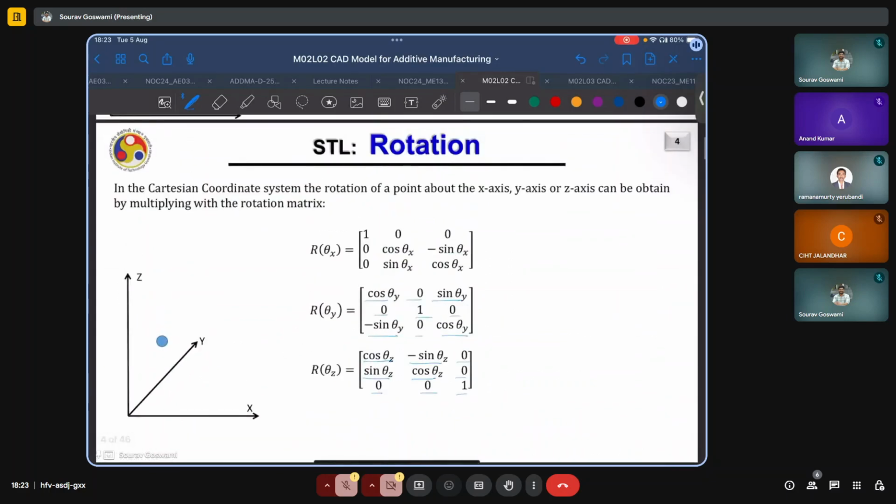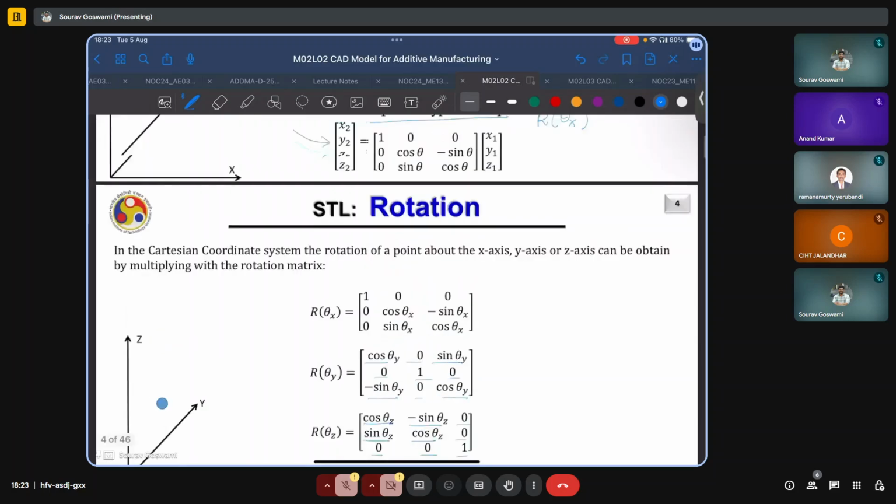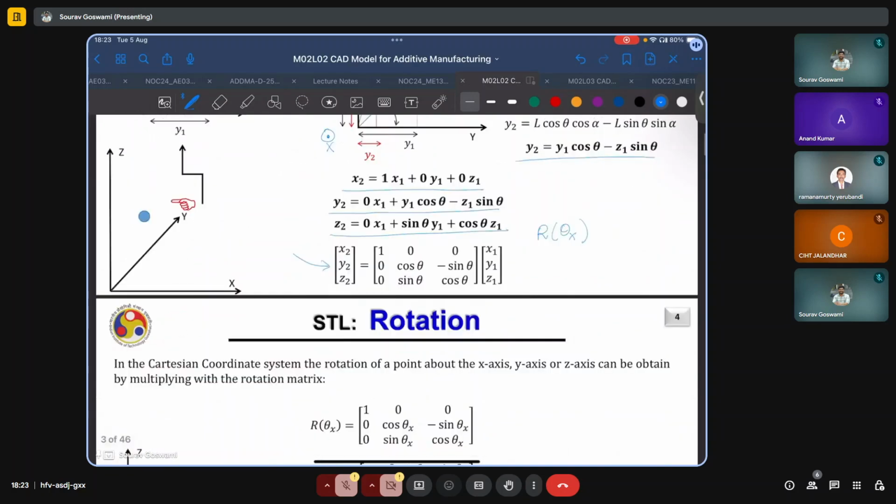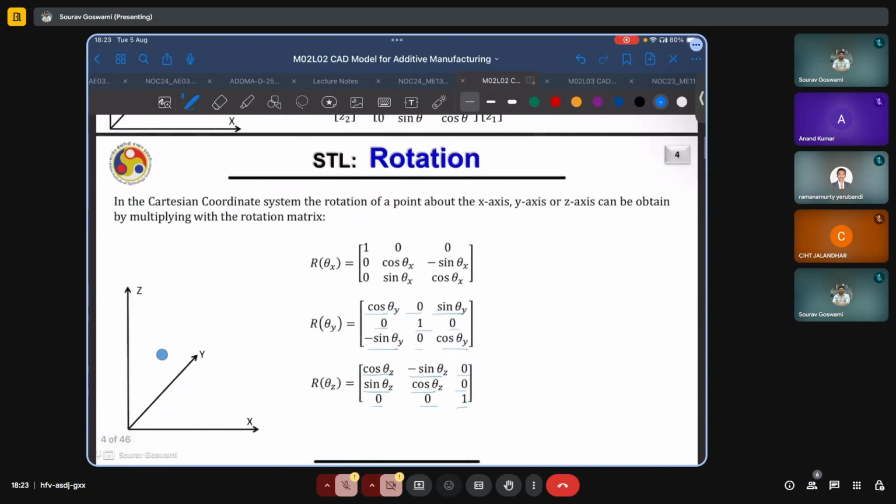Now, the important thing to remember about rotations is that rotation is represented as a matrix multiplication. So, say your point P undergoes first a rotation R theta about the x-axis, then about the y-axis, and then about the z-axis.